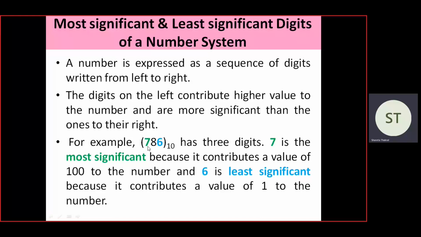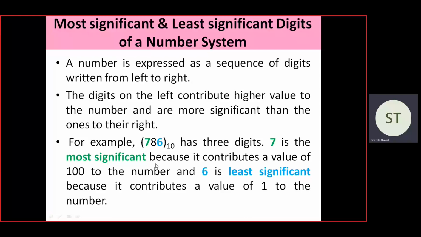For example, take the decimal number 786, which has 3 digits, 7, 8, and 6. So 7 is considered to be most significant as it is on the extreme left side, which has the highest weight. Then the next weight is for the next consecutive digit, and the rightmost digit has the least weight. So this is considered the least significant digit, and this is considered the most significant digit.